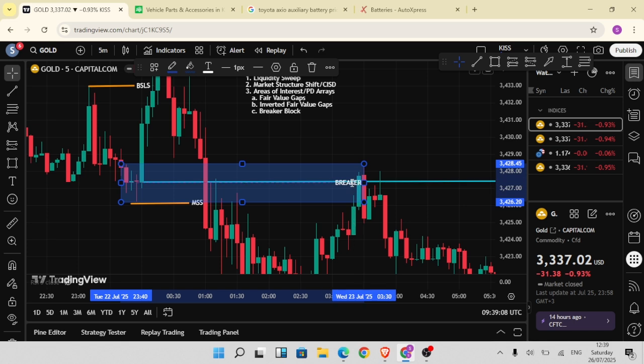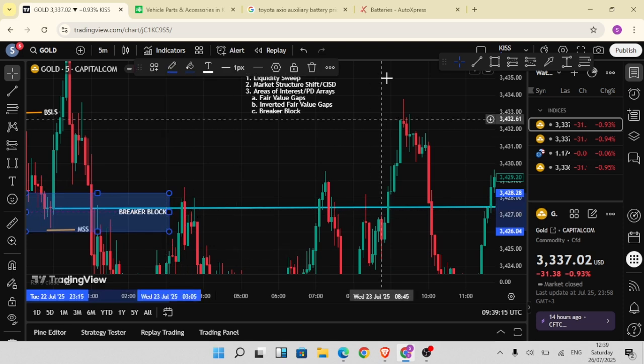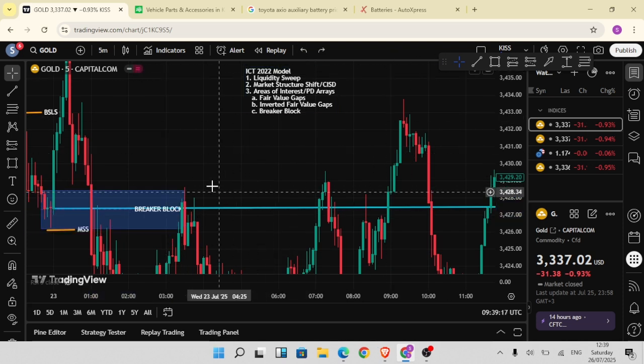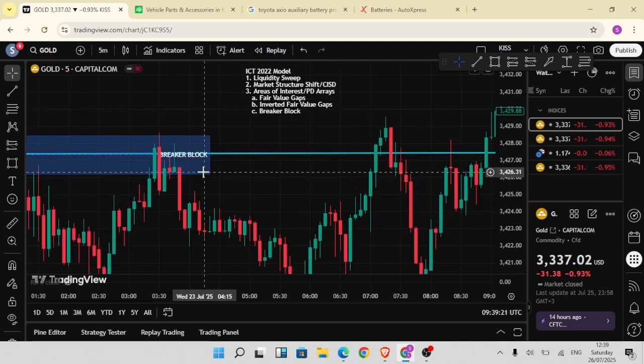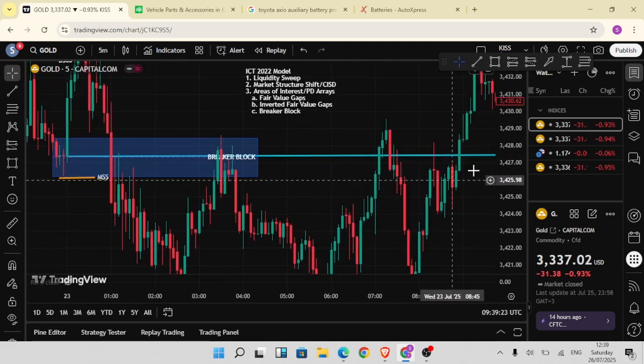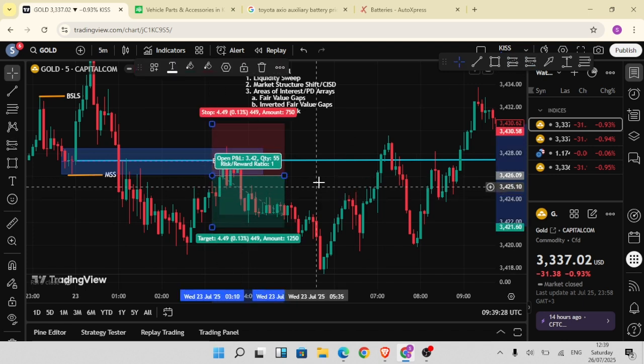Again, if you don't know what a breaker block is, you can go to ICT 2022 model and watch it, or I'll do another video to explain what that is. But price reacts off this breaker block again. Similar entry as our previous entries.